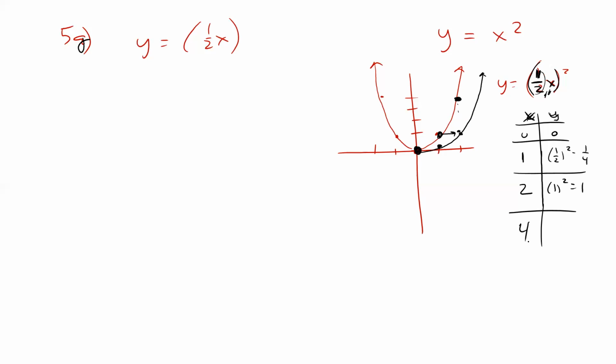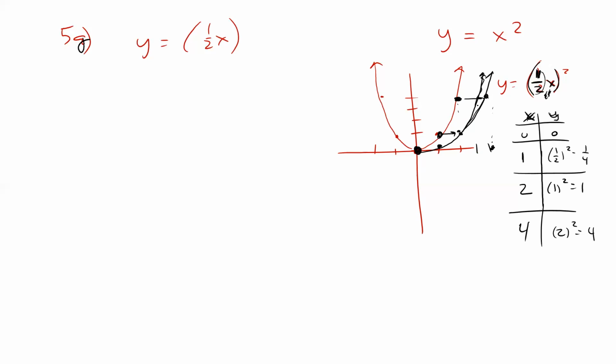So 4 would be the thing you have to plug in to go down to what? Half of 4 is 2, squared, and now you get to 4. So in order to get to here, you have to be all the way out to the 4 marker. So this one actually should have been even wider. It would have been like that. So everything is taking twice as long to get there because everything's slowing down by 1/2.